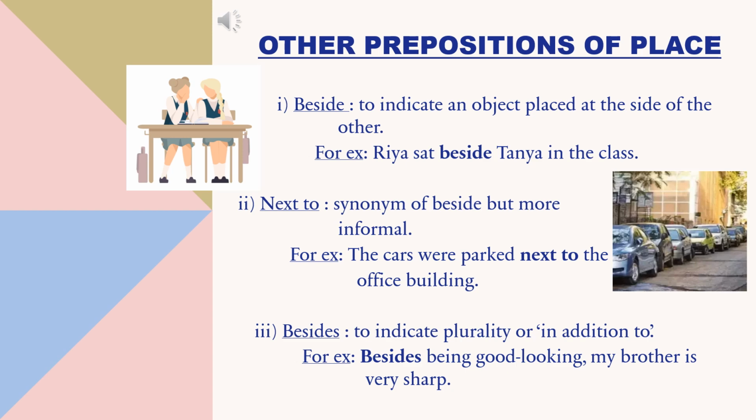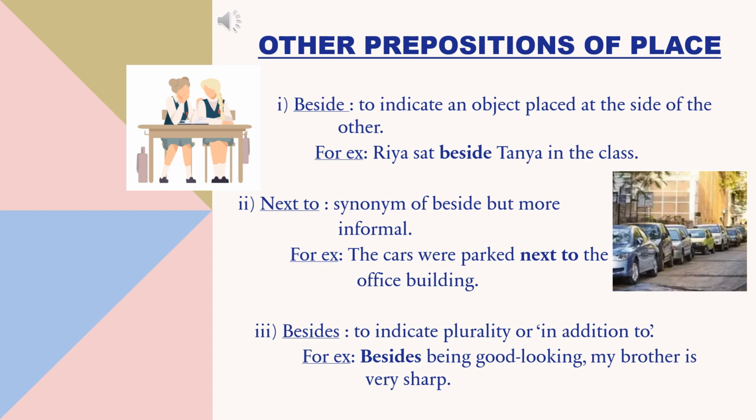Third, besides. Now, please do not get confused between beside and besides. In the third word, you can see there is an extra S added at the end, and S indicates plural, or it means that we are adding something onto the list. So that is the purpose of besides, which means in addition to.